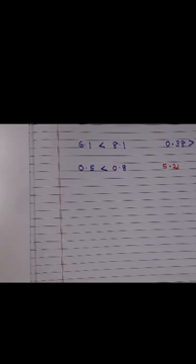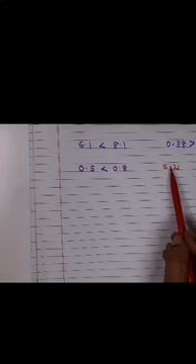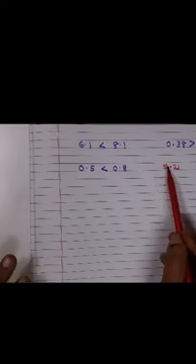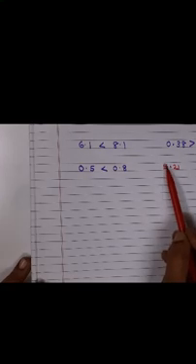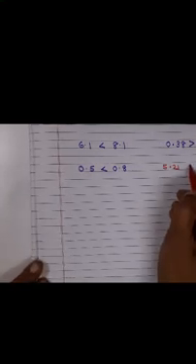Now children, just look. We have to look first. This is your decimal point and this is your decimal point, correct? What did we say? First we have to compare the whole number to the left side. Now children, clearly you can see this is 5 and this is 14. So this is lesser.